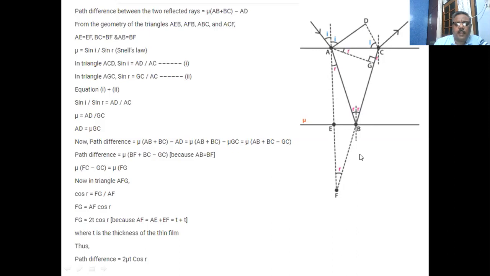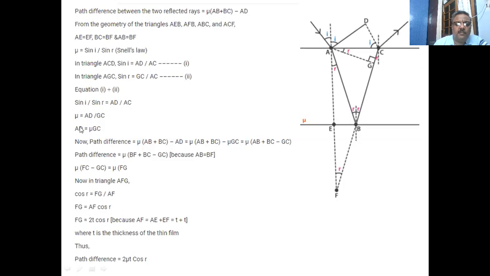So if we consider triangle ACD, this is the angle of incidence. The sine of the angle of incidence is equal to AD upon AC. And in triangle AGC, the sine of angle R is equal to GC upon AC. So we divide these two: sine I by sine R is equal to AD upon GC, and sine I by sine R is equal to mu.